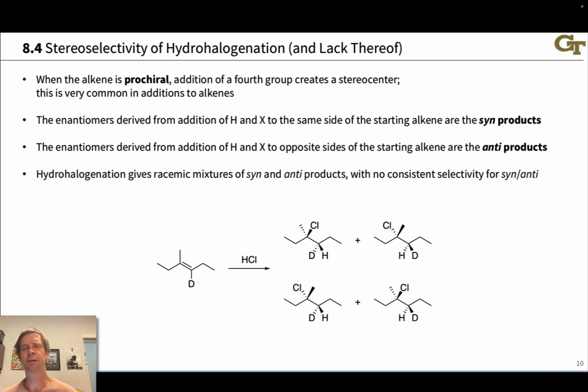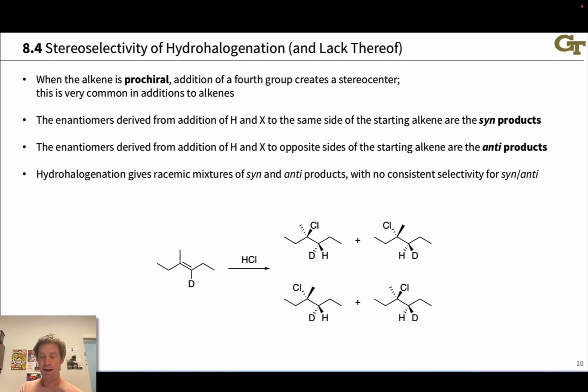We can think about the stereochemical course here by considering the relative orientations of the groups added to the alkene. They can either add to the same side, say both coming from above or both coming from below, or they can add to opposite sides of the alkene, and this leads to different stereochemical outcomes. It leads to diastereomers, in fact.